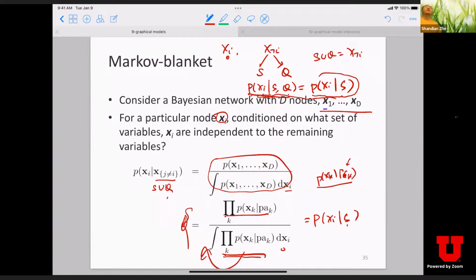For example, P of x1 given x2 and P of x3 given x4. If you integrate out x1, P of x3 given x4 is constant with respect to x1, so it can be moved out of the integration. And P of x3 given x4 also appears in the numerator, so they are canceled out. Does it make sense?